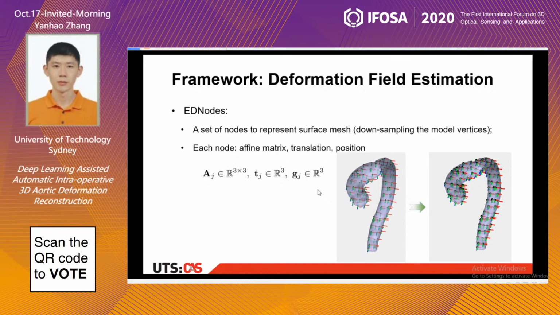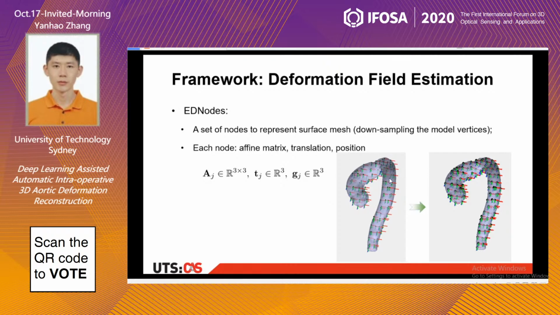If you have a model, you downsample the model vertices and get some positions, and you treat these positions as the ED nodes. At the same time, each ED node also has two other things: one is an affine matrix, and one is the translation. So I show a figure.